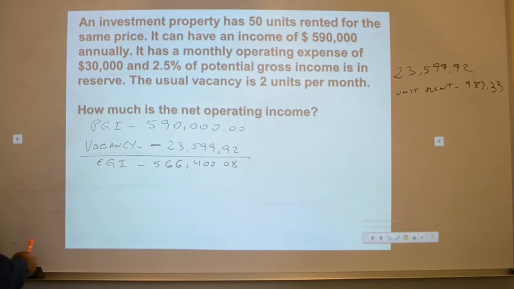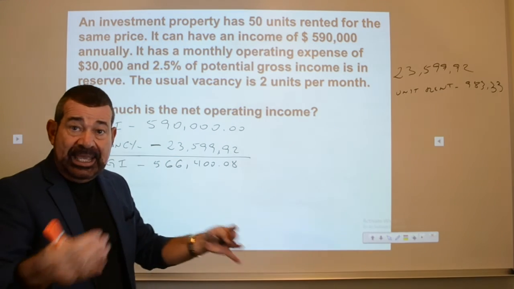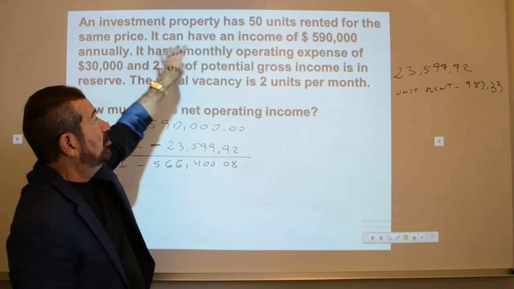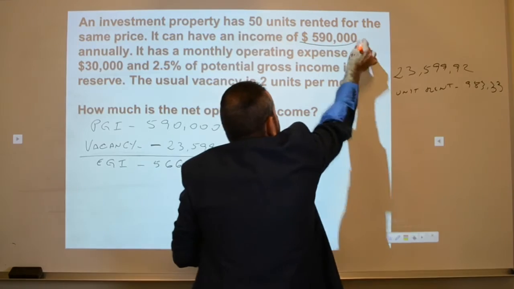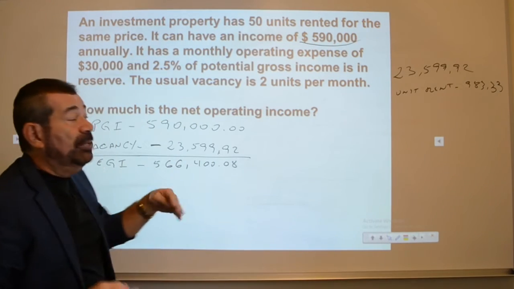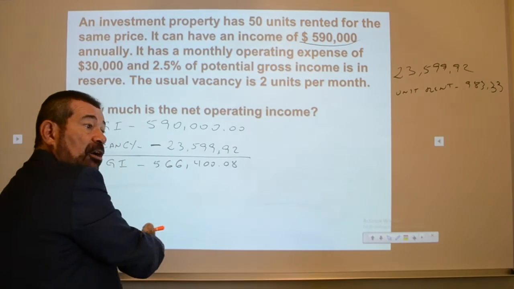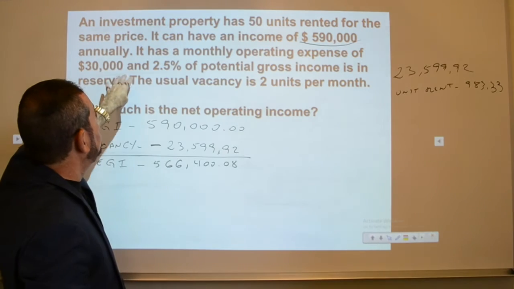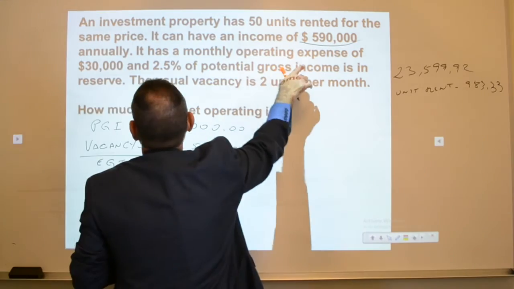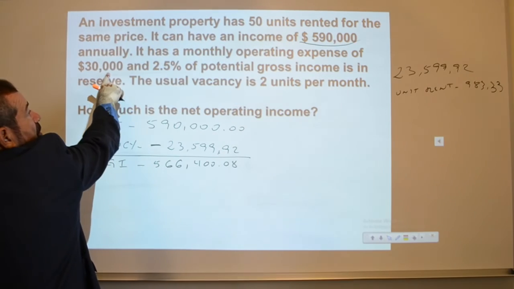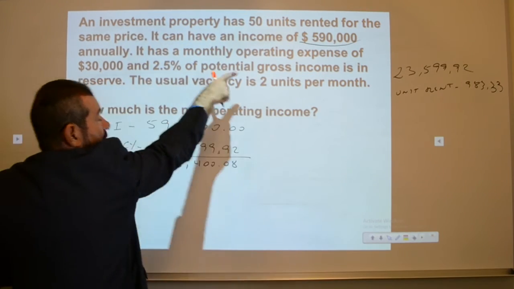Now it's time to plug in my expenses, because I already have my income, which is on the question, and I calculated my vacancy by doing the calculation we did before. So it's telling me that my operating expense is $30,000 per month.